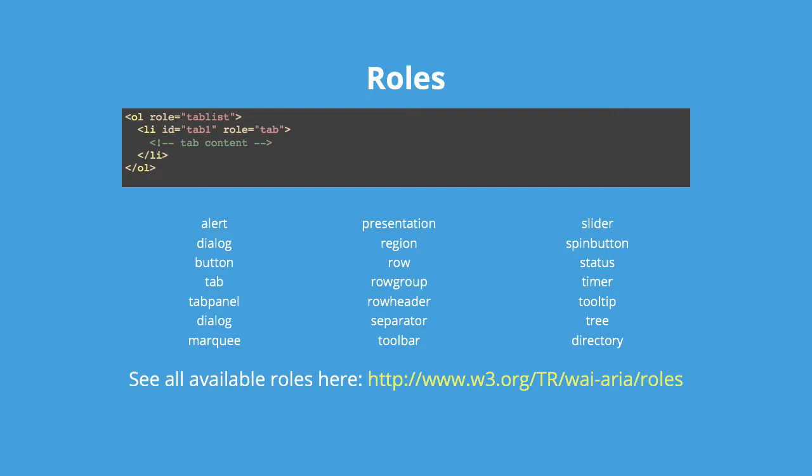You could also have something like dialog or marquee, tree, tooltip, timer, spin button, slider, separator. So all these sort of roles we can pass in and give some more meaning to our elements for devices that wouldn't otherwise be able to know that these widgets, as ARIA refers to them, are.